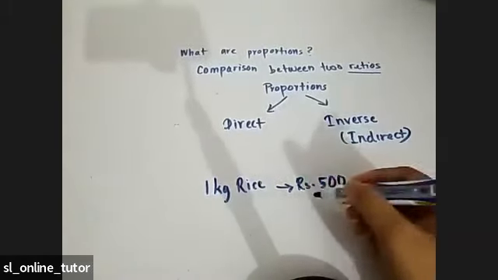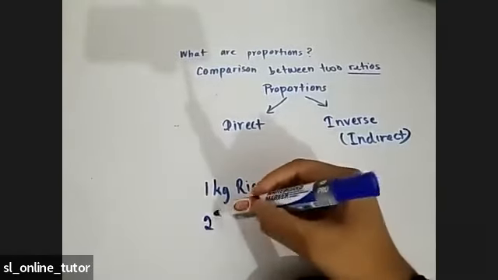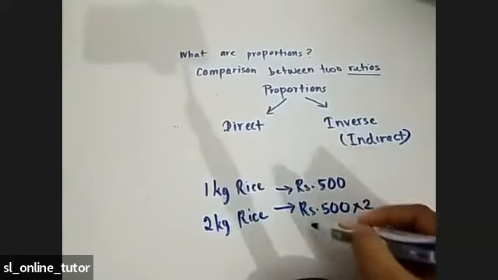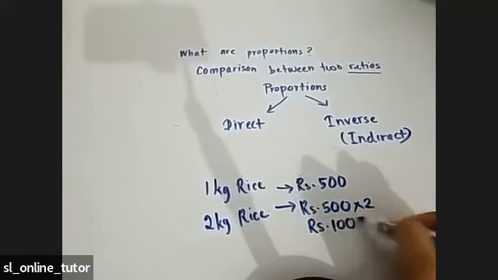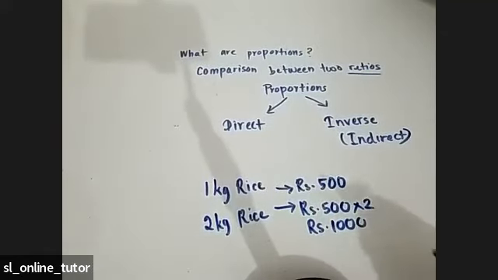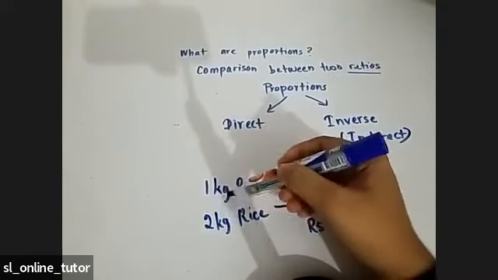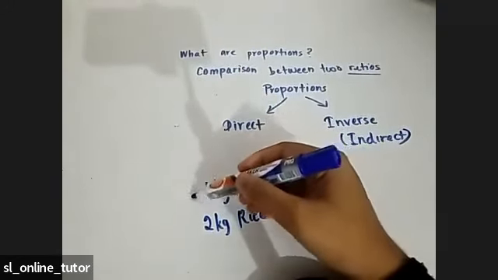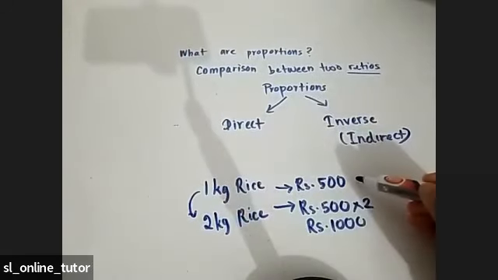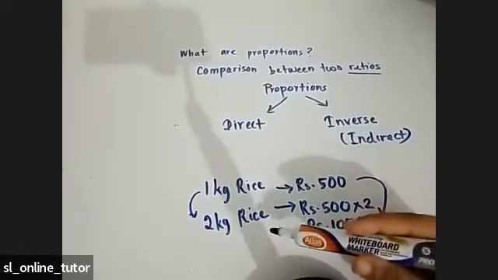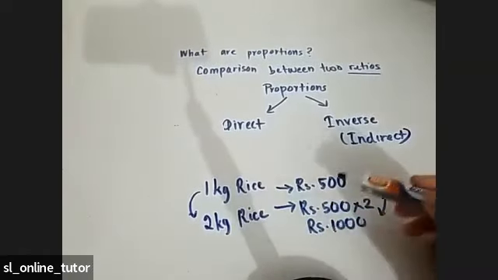Now if 1 kilogram is 500, what would be the price of 2 kilograms of rice? 1,000 rupees. 500 multiplied by 2, you get 1,000 rupees. So what do you understand here? When the weight of the rice increases from 1 to 2, the price also doubles, because it's 2 kilograms. If it is 3, 500 into 3.